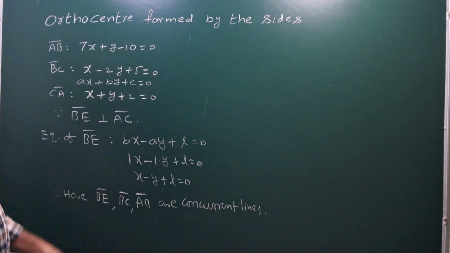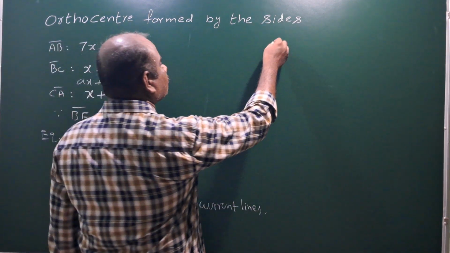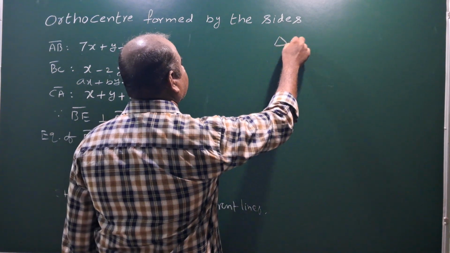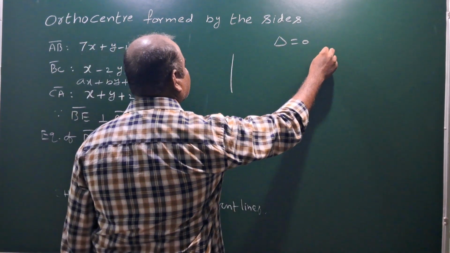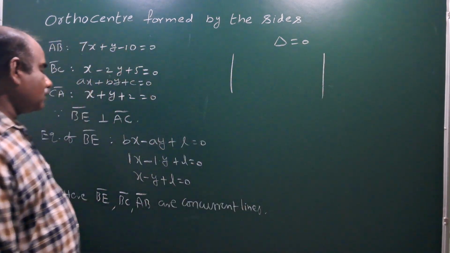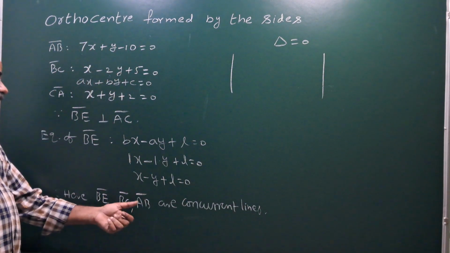So applying the determinant: for concurrent lines we take delta is equal to 0. Delta means the determinant formed by the coefficients of the three equations BE, BC, AB.